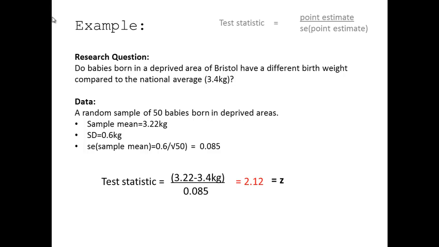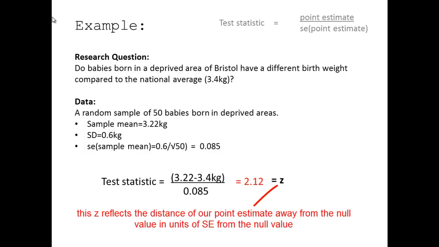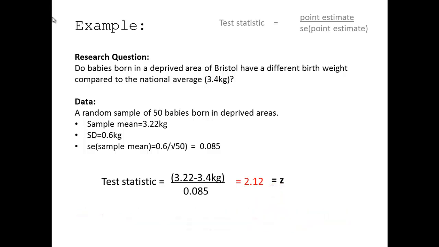In this case, we're measuring the observed point estimate in units of standard error away from the hypothesized mean. And we can use this Z test statistic because we have a large sample and we expect the sampling distribution of the test statistic to be normal, and we'll explain more about that in later videos.